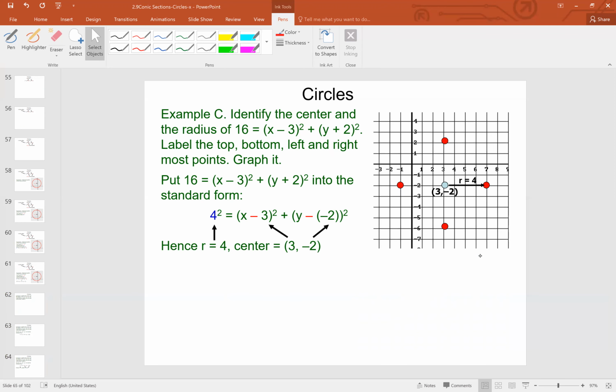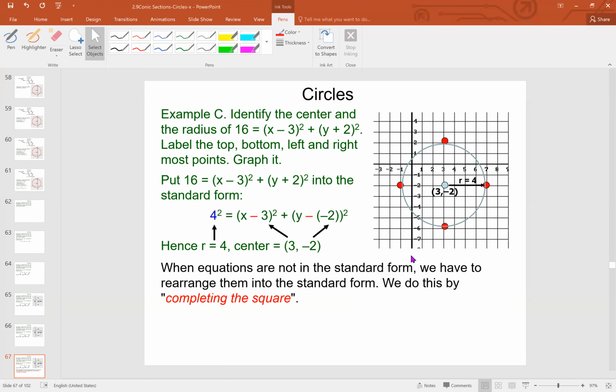Then I can plot it. Here's (3, -2), and a distance of 4 out, 4 out, and so we plot those 4 points and then complete the circle.